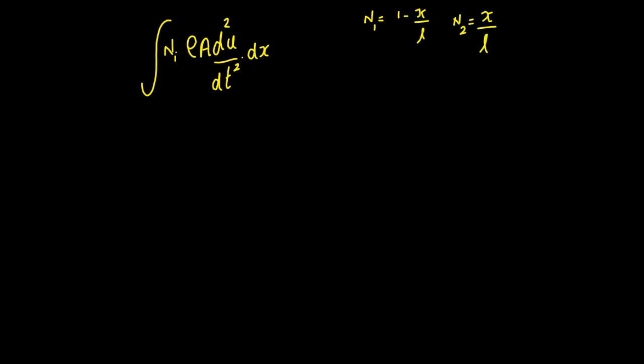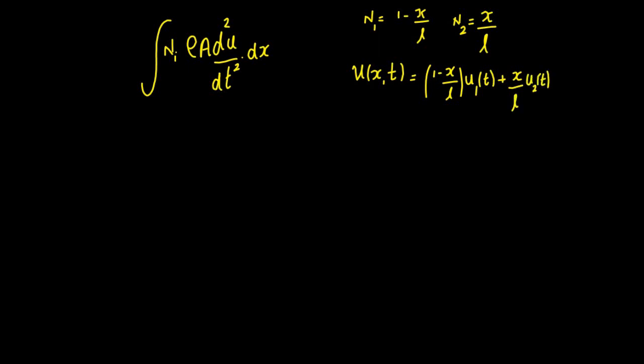So what is our solution? The displacement at any point in space and at a particular instant of time is given by 1 minus x over L into u1, which is the displacement of nodal point 1 and is a function of time because it's vibrating, plus x over L into u2, which is also a function of time.